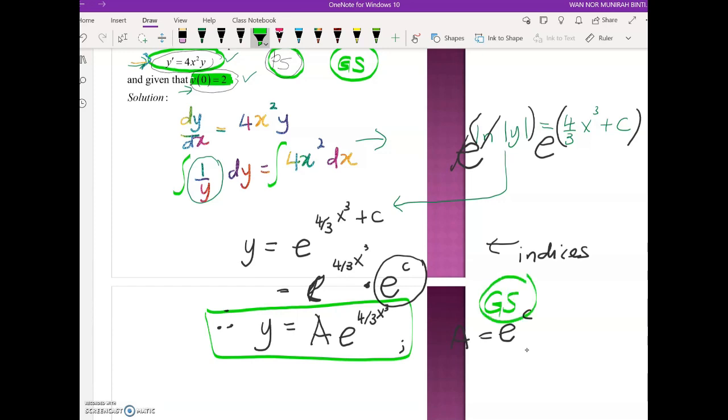The solution that I obtain here is the general solution. But now the question asks you to find the particular solution. So in order to find the particular solution, you need to substitute the initial condition.